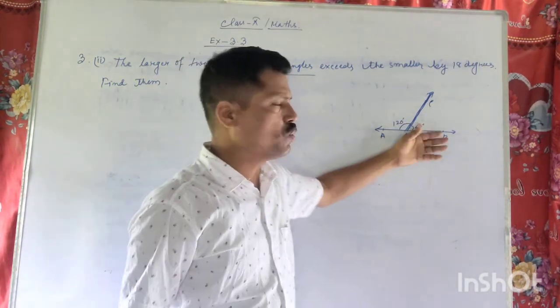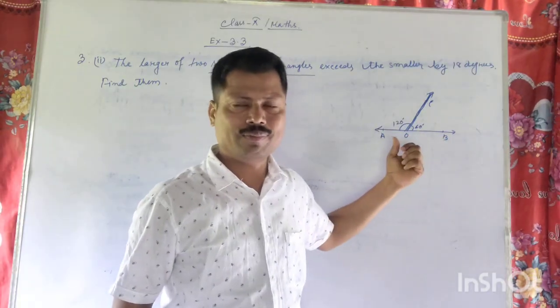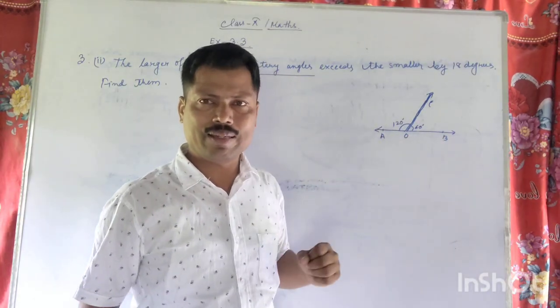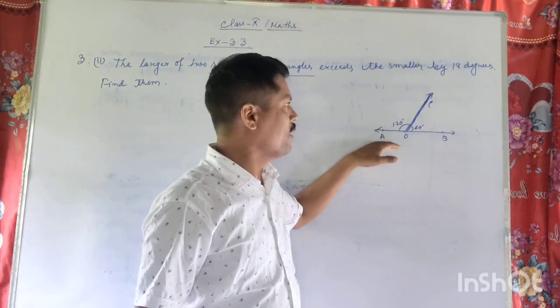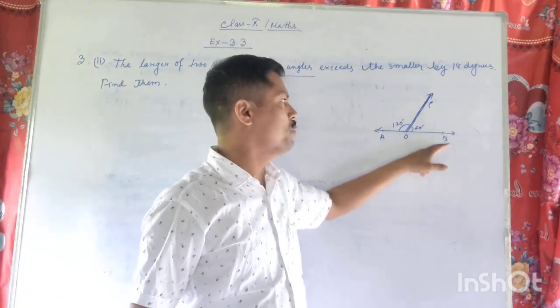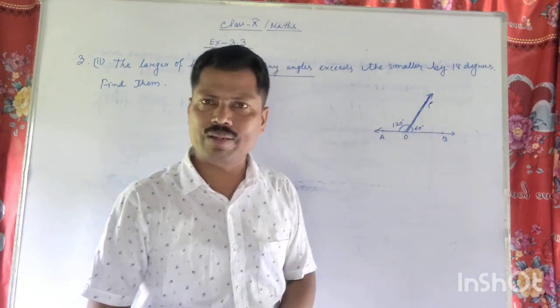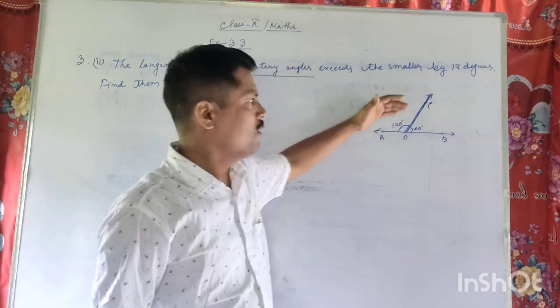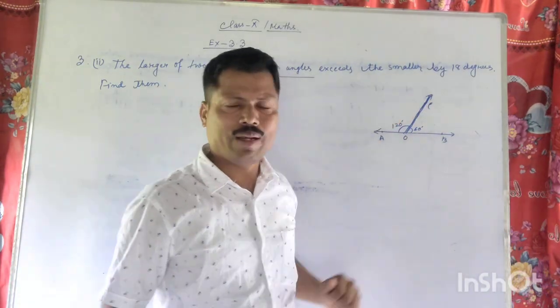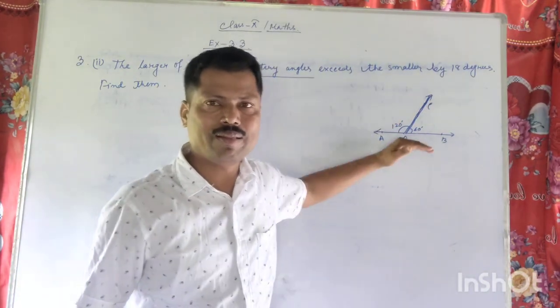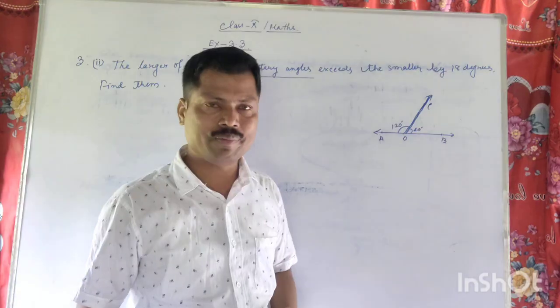After adding these two angle measures, we get 180 degrees. So angle AOC and angle BOC are supplementary angles. That means if two angles sum to 180 degrees, then these angles are supplementary angles.